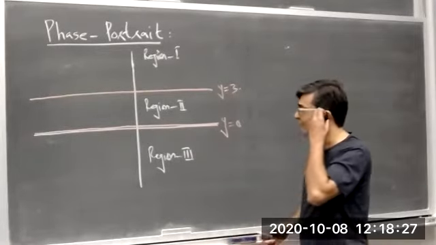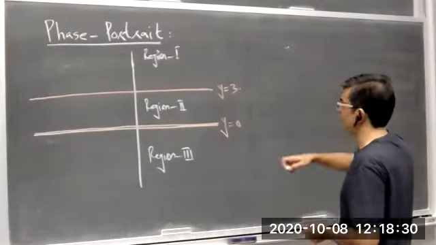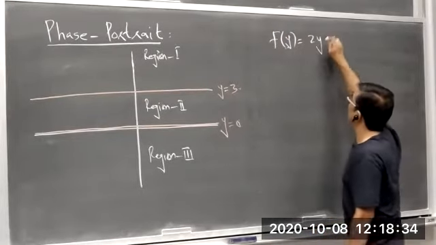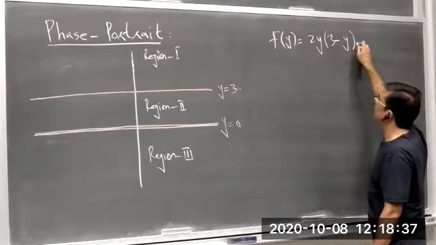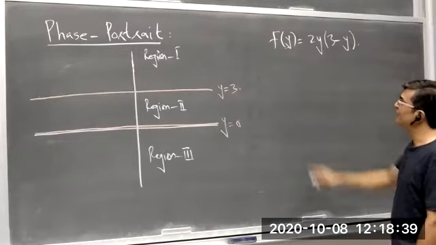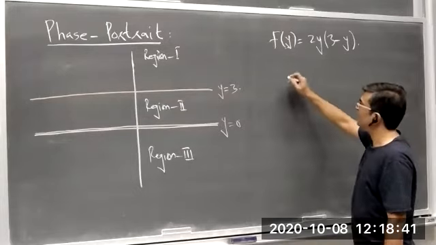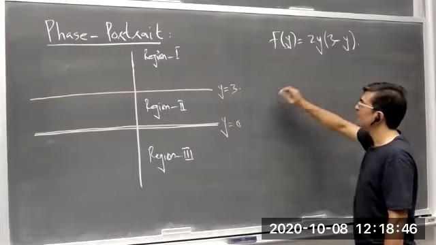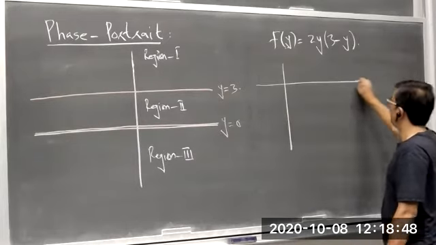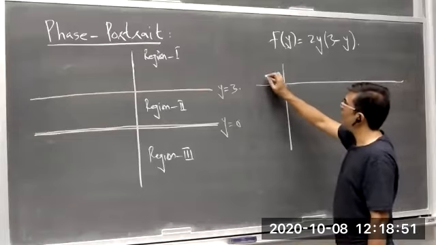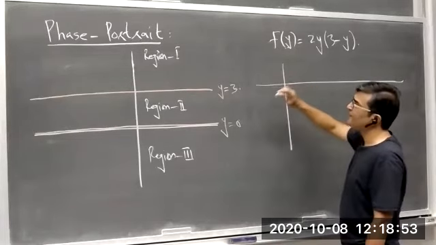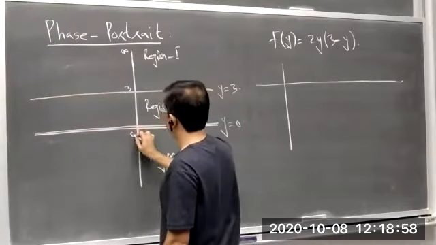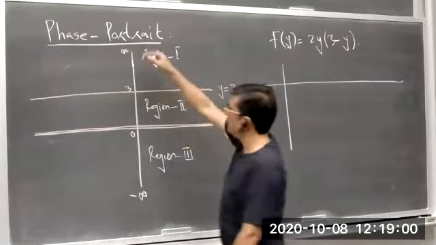Now we check whether the function is increasing or decreasing in these regions. So what is the function? What is f of y? It is 2y into 3 minus y. Now we check whether this function, let's see how many regions we have. If you make a table, region 1 is from 3 to infinity, this is 0, and this is minus infinity.